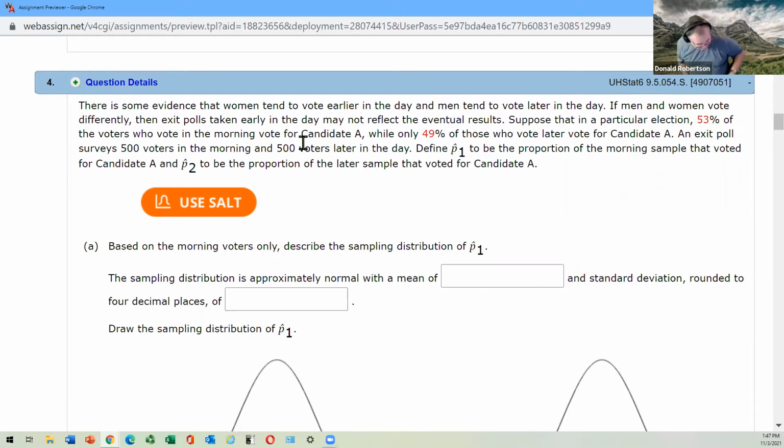Excuse me. Does anybody know roughly? Do women vote more Democrat or more Republican? In general, of course, all things change, but in general. They tend to vote more Democrat.